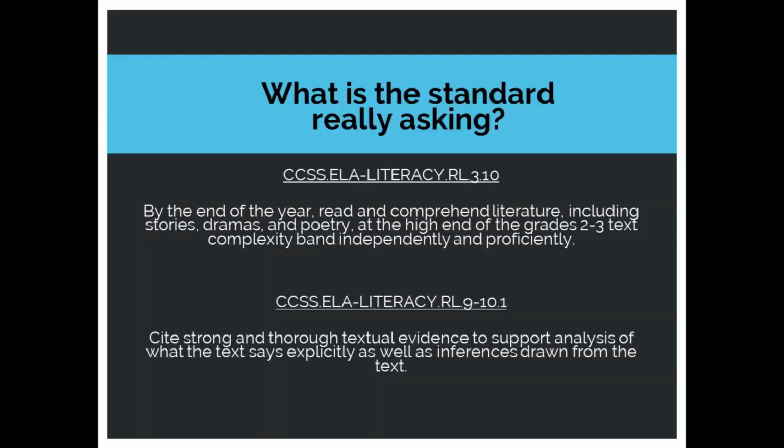Now, for other standards where you're using text as a vehicle to accomplish another goal, such as this one here that I found, it's a 9th grade level standard, and it says, cite strong and thorough textual evidence to support analysis of what the text says explicitly, as well as inferences drawn from the text.